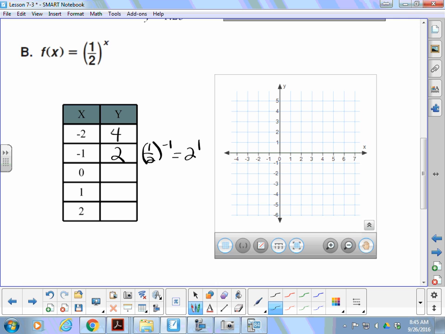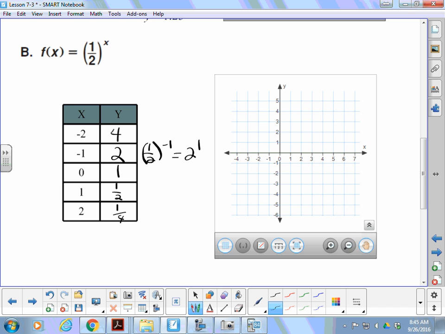Zero, or 1/2 to the power of 0, anything that has the exponent of 0 is always going to be 1. And we get 1/2 and 1/4. 1/2 to the first power is 1/2, 1/2 to the second power is 1/4.